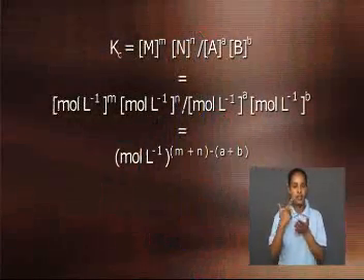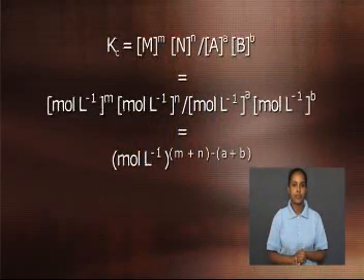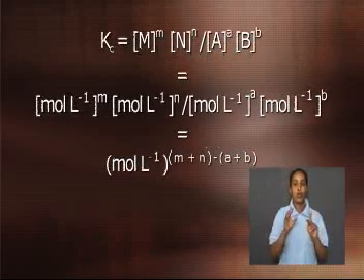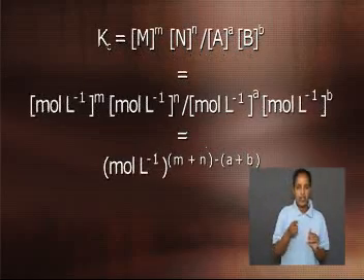A mole is a unit of measurement for the amount of substance or species, which would be the reactants and products in this case. Therefore, for a general reaction, the unit of Kc will be this. Kc is the ratio of the product's concentration over the reactant's concentration.